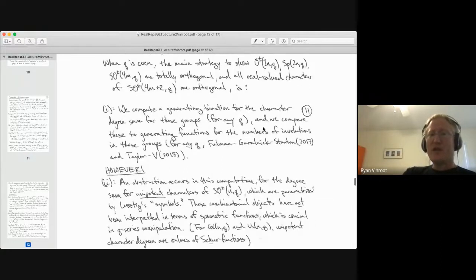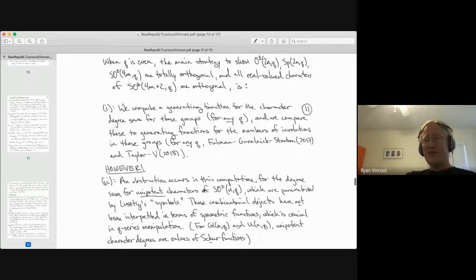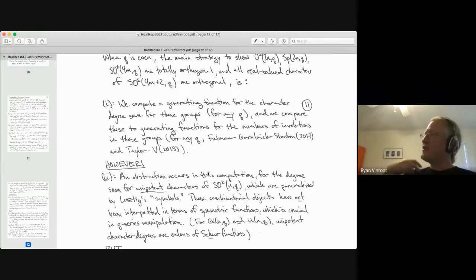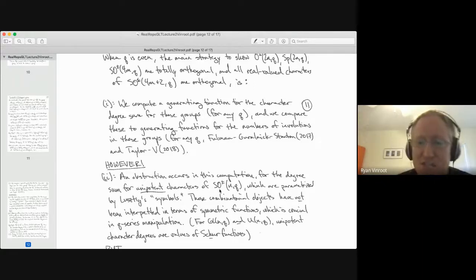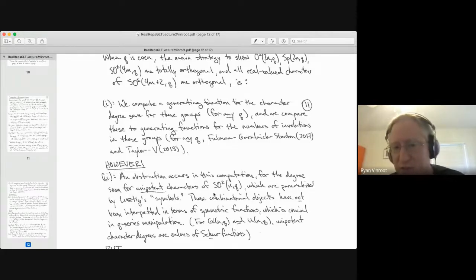When we try to sum the unipotent character degrees, we don't have a way of coming up with a nice generating function that can be manipulated, because of exactly what I was saying before: while there's a formula for the values of these unipotent character degrees, they have not been interpreted as values of some nice symmetric functions, which is how one manipulates these infinite Q series. There are all these nice identities for symmetric functions that one can write down essentially from understanding the combinatorics of the symmetric group well, or generalizations of the symmetric group.